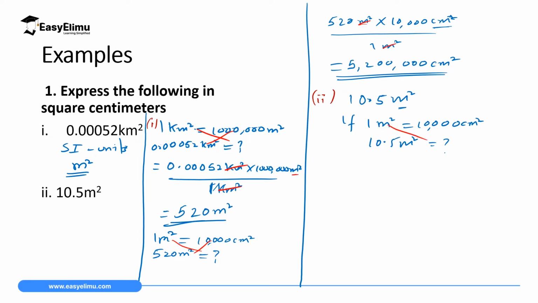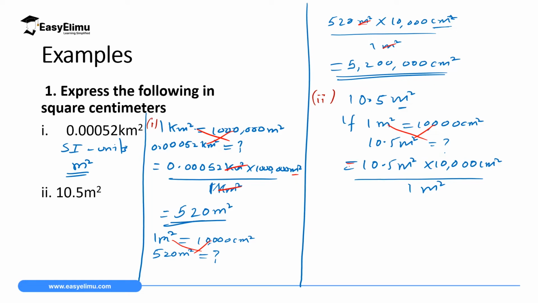If we cross multiply, we get 10.5 square meter times 10,000 square centimeter over 1 square meter.